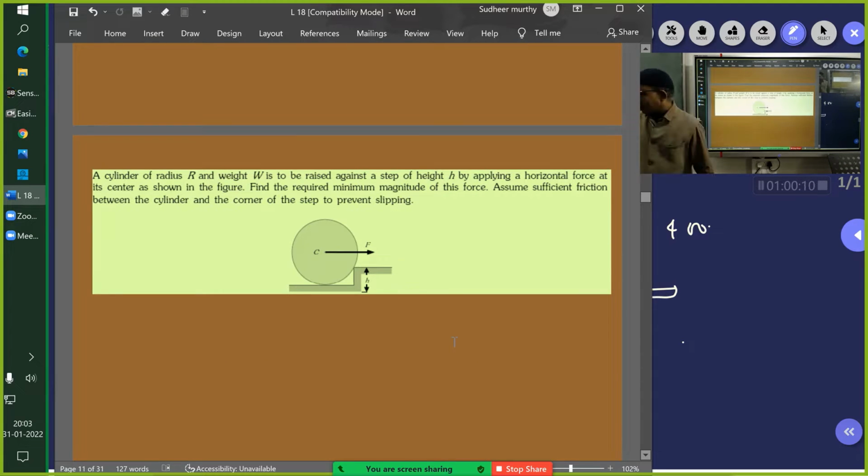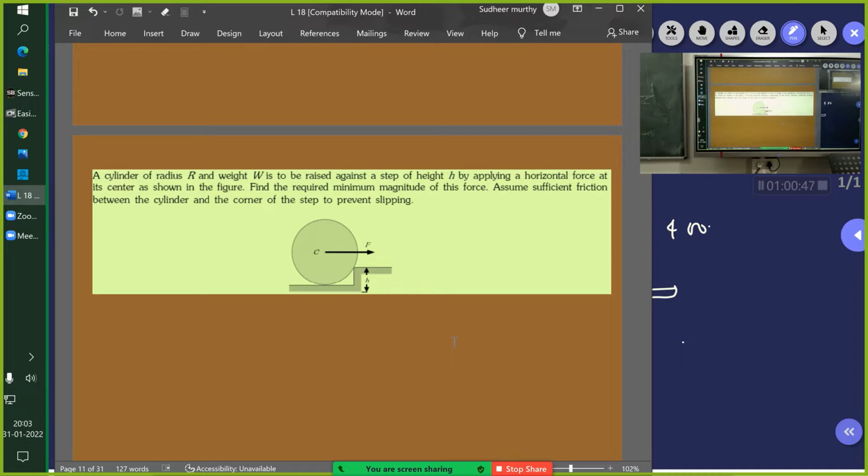Now attack this problem. See, this body, as you know, this cylinder has to be lifted over the step.